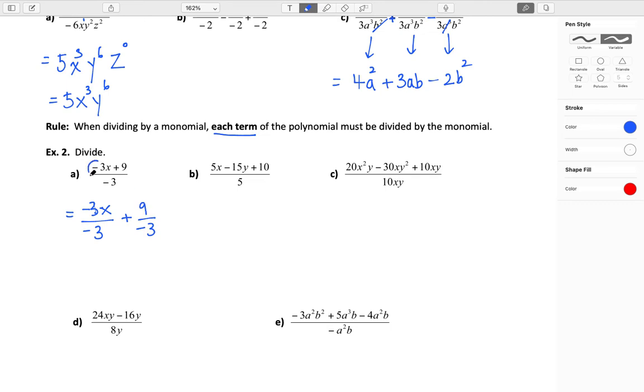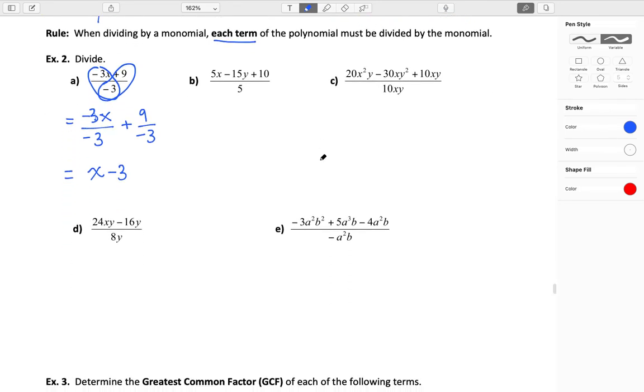So notice how I divided into term 1 and term 2. Therefore, negative 3x divided by negative 3 is x, and positive 9 divided by negative 3 is negative 3. And that's how you do it. So don't forget, when you have a division like this, you always have to apply it to each term.